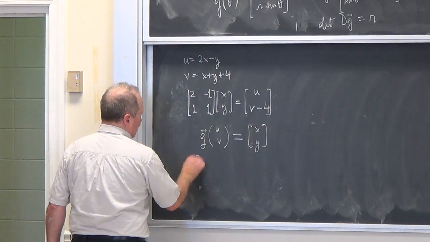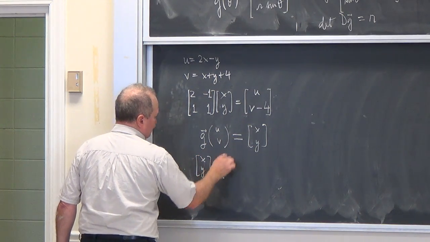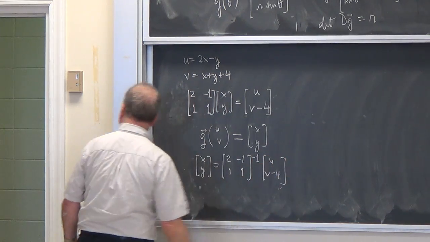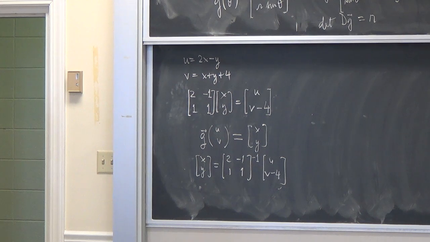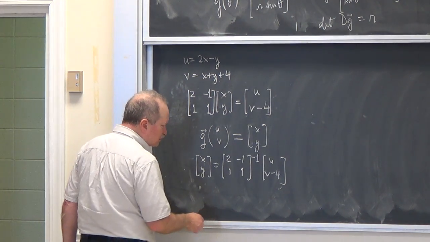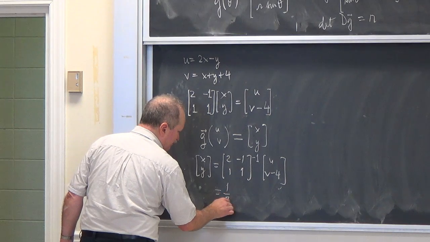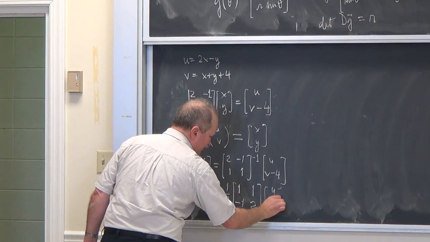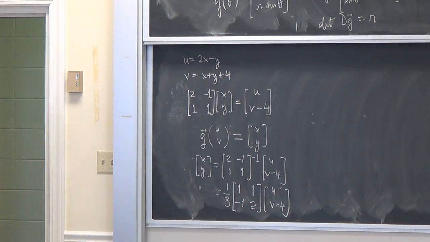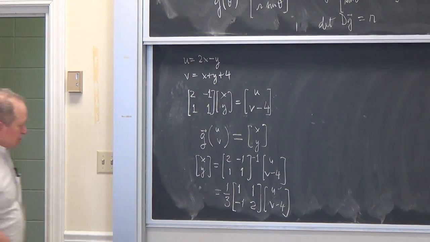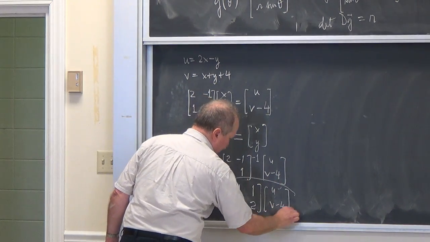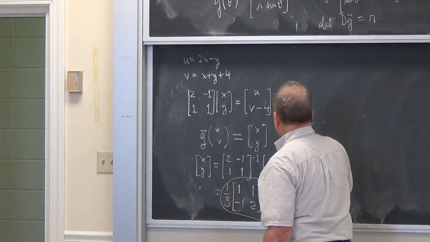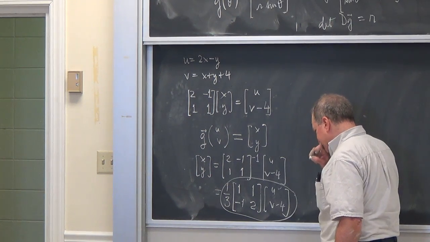Okay, so if I take the inverse of the matrix, which we can all do, what is the inverse? 1/3 times 1, 1, negative 1, 2. So there's the mapping, right? There's G. Then take the derivative of that.